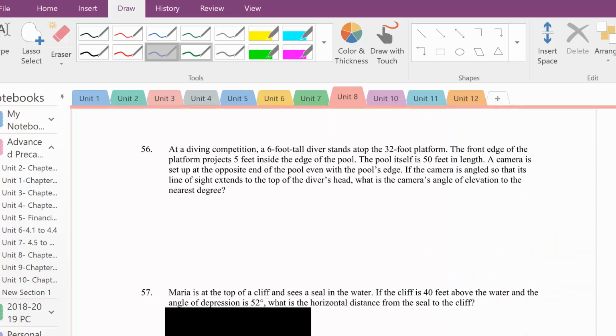All right, at a diving competition, a 6-foot tall diver stands atop the 32-foot platform. So we have a 32-foot tall platform, and the diver is at the top of it. Now, the front edge of the platform projects 5 feet inside the pool.